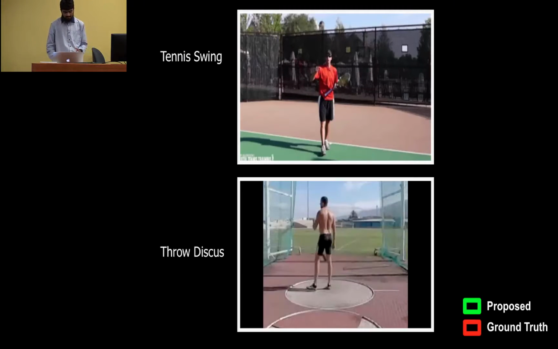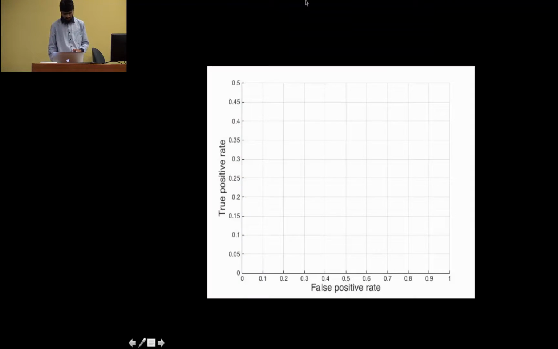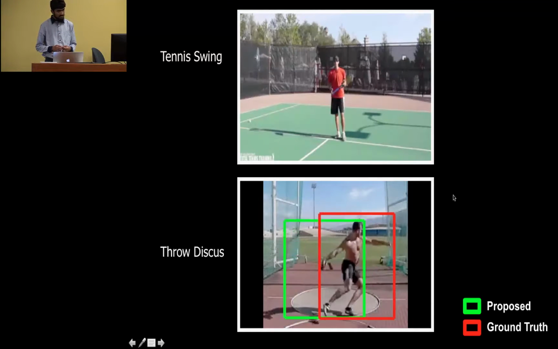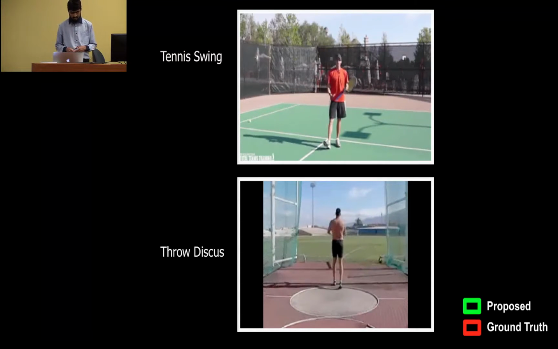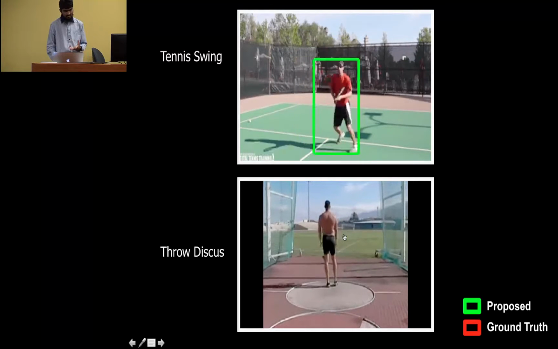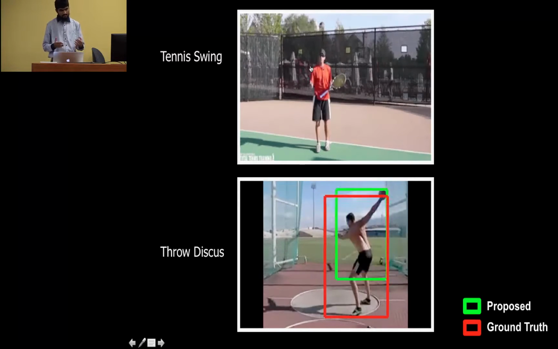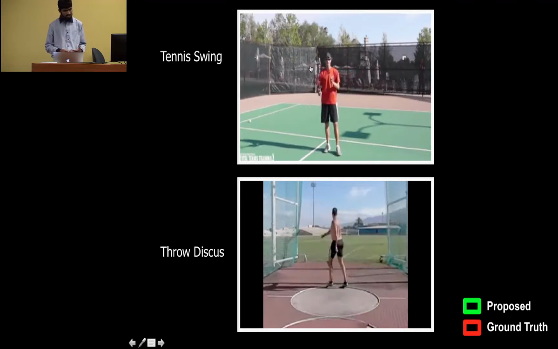And here in the bottom, I'm showing you the qualitative results for the throw discus, and you can see that the person performs an action, but then he stops. In the upper case, initially he doesn't perform an action, then performs the action multiple times, and in both cases we are able to localize the action quite well.